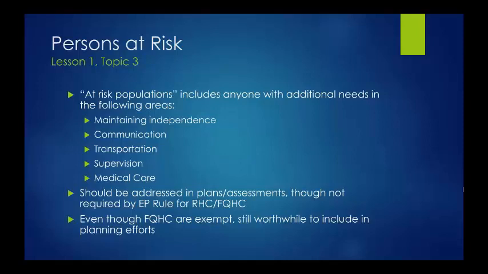What about transportation to and from your facility? Do you have access vans for those that may be somewhat immobile? What about, do they need supervision in their care? Do they need somebody to be watching over them while they're going through some of these things? Do they have a caregiver that maintains that care for them? And of course, their medical care. What are the different facets that may need to be incorporated into this?